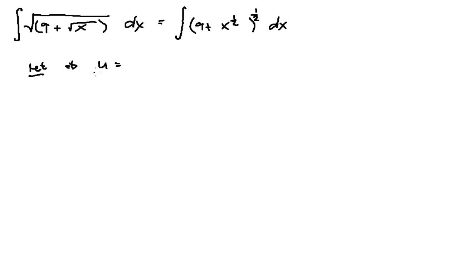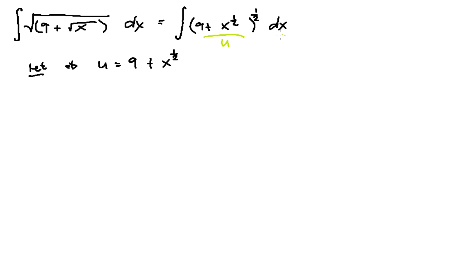So let u is equal to the hardest part here, so let's take u is equal to 9 plus x raised to 1/2, and then we can now substitute u in this form, so we will have u raised to 1/2.